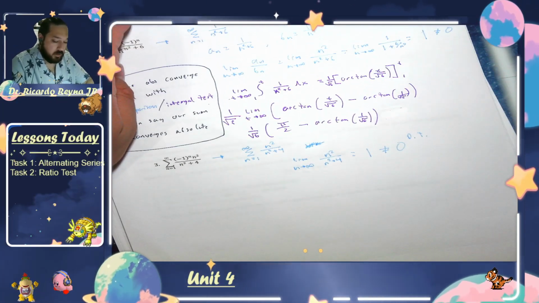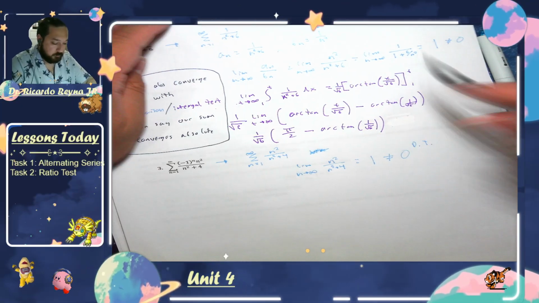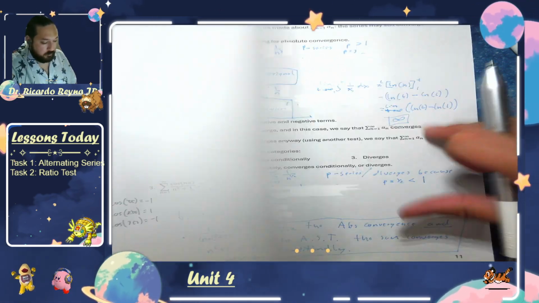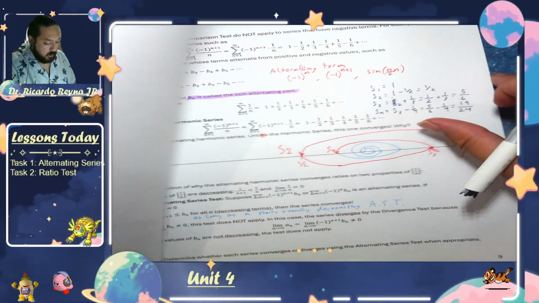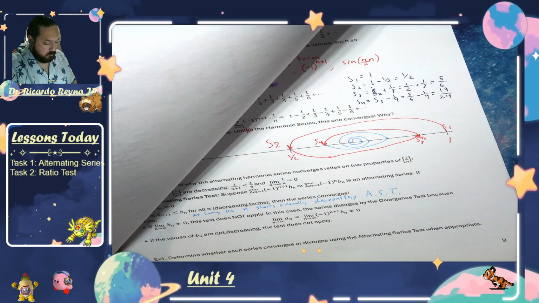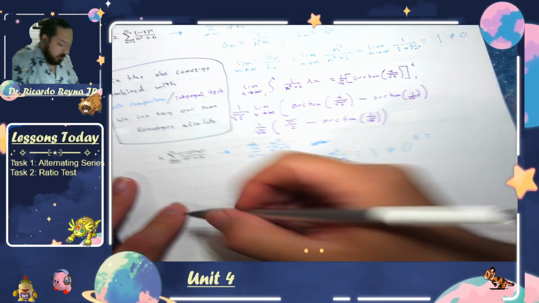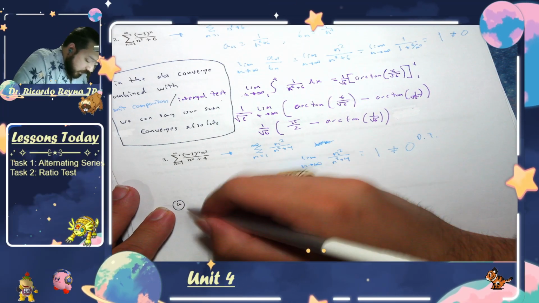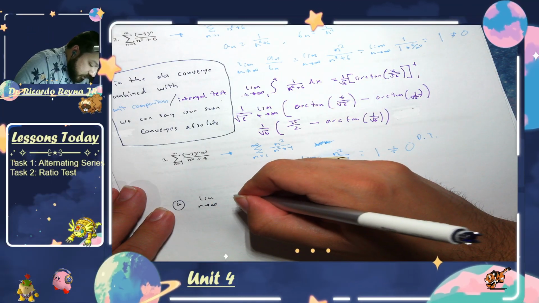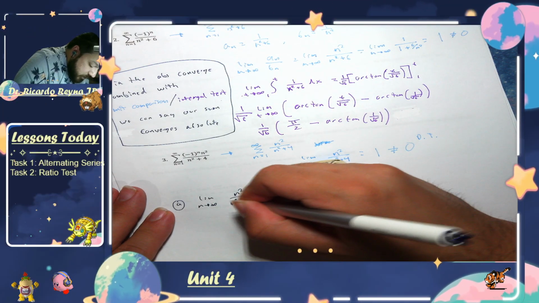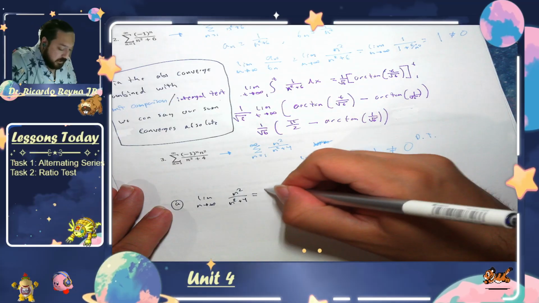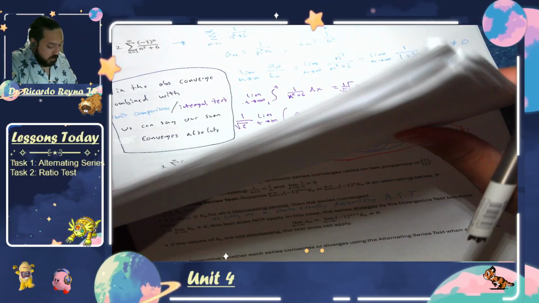So let's go ahead and use the alternating series test, which states that first the limit of the non-alternating part, which is just n squared over n squared plus 4, goes to 0, which we already saw that it does not go to 0.